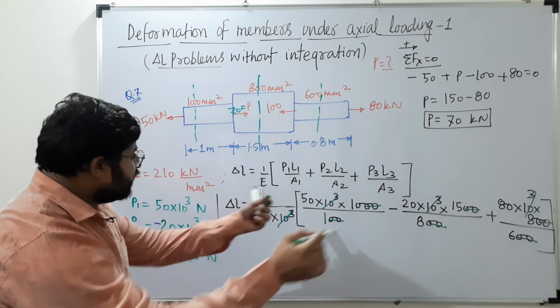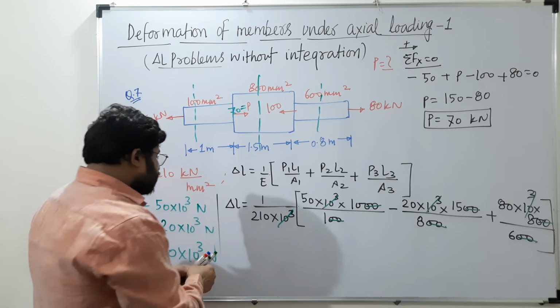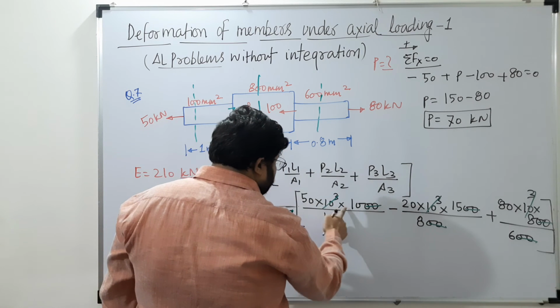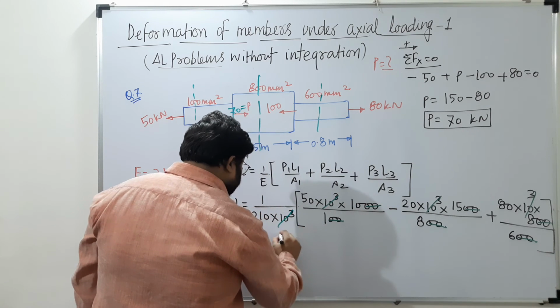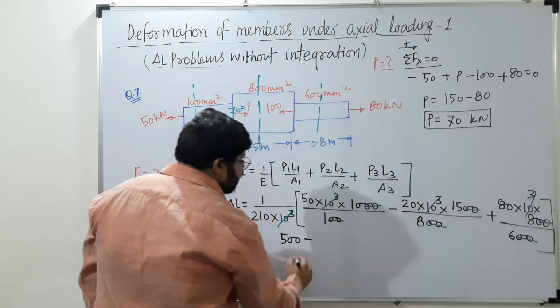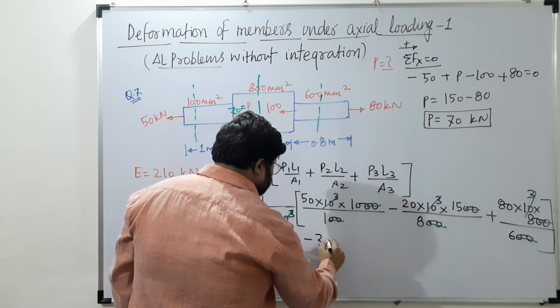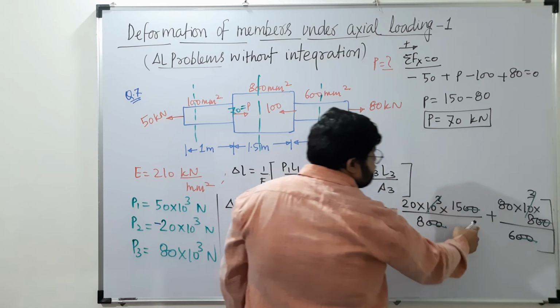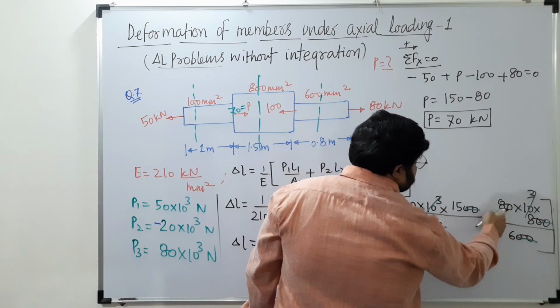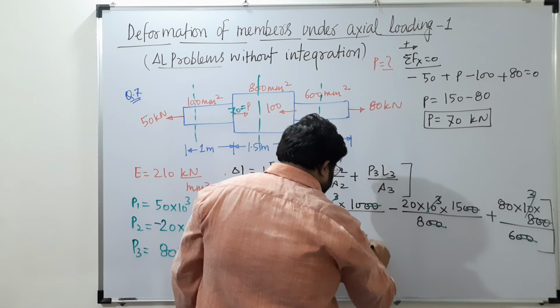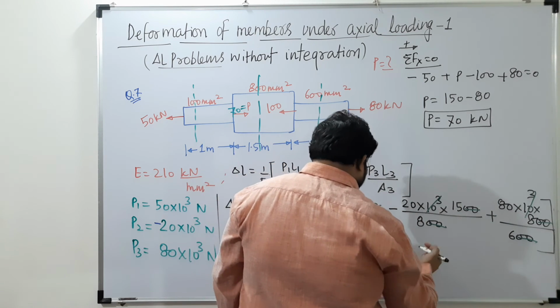So now we are left with a few simple equations, that is delta L is equal to, now this is 50 into 10, that is 500, minus 20 into 15, that is 300, and plus this is 8 and this is 80, 8 times 8 is 64, so that is plus 640, right?